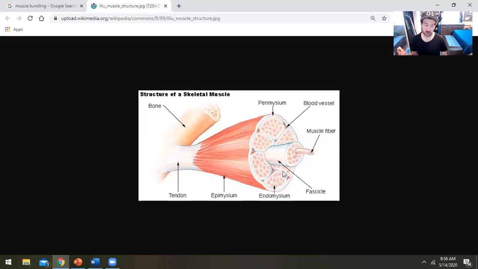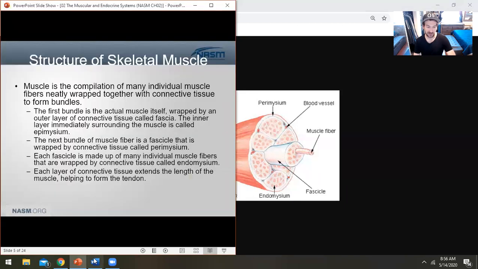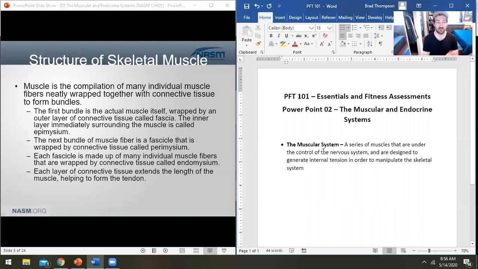That's what makes up your overall muscle belly. So it's a compilation of many individual fibers wrapped together in certain connective tissues.